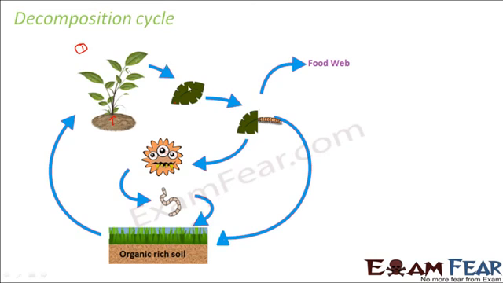So what happens when these leaves start falling on the ground? Ground means basically over the soil, on the surface of the soil. Now some of these leaves might be eaten up by insects or birds, and thus they enter into the food web. So that is one thing that might happen.